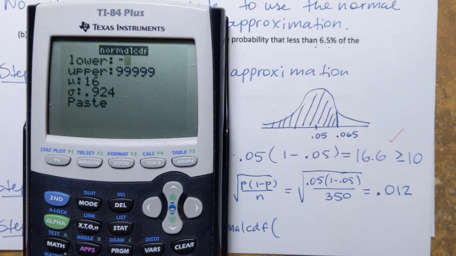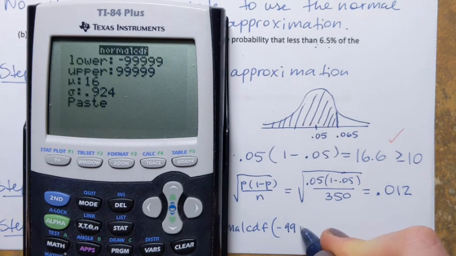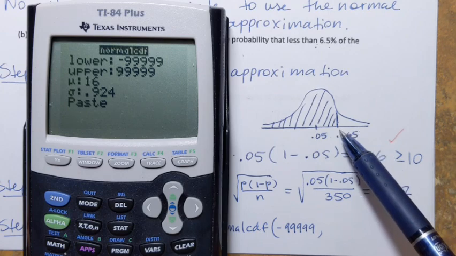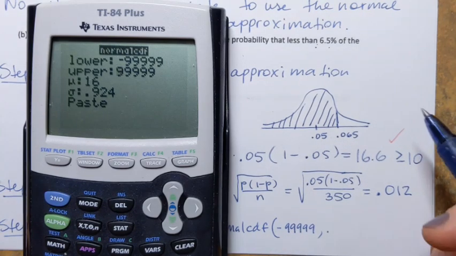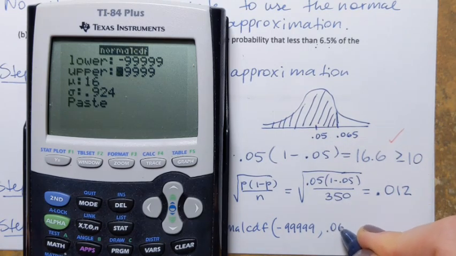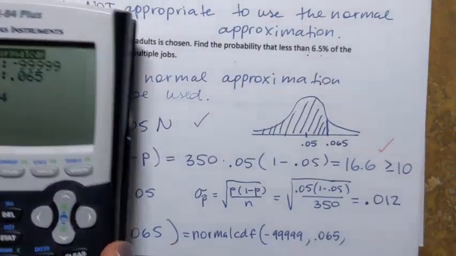So I'll use negative 99999. And then the upper boundary is 0.065.